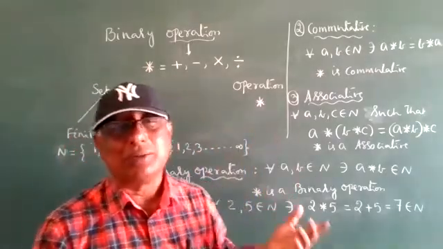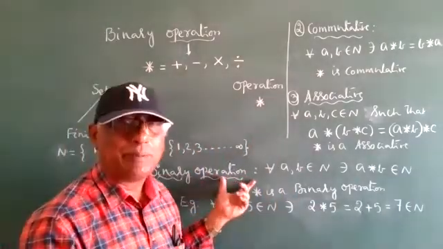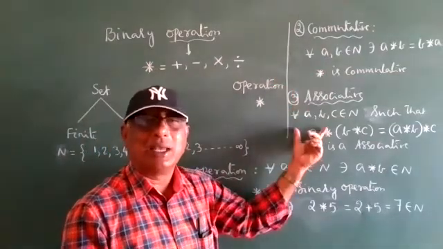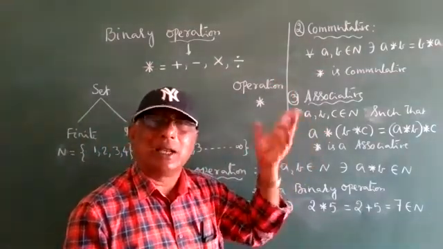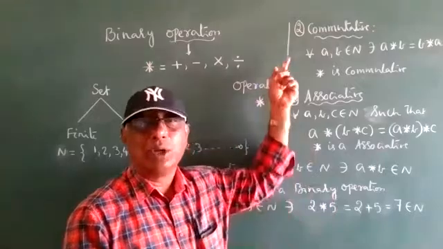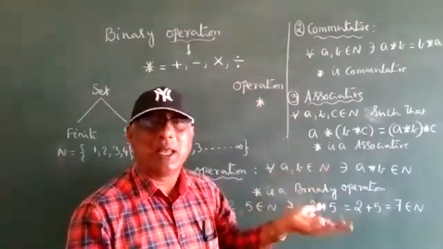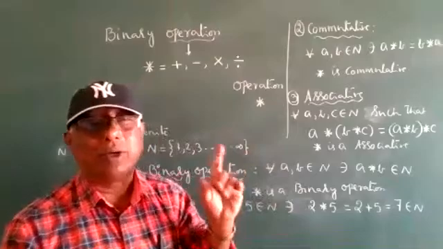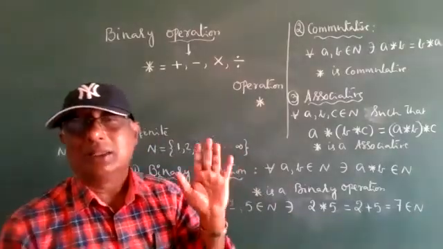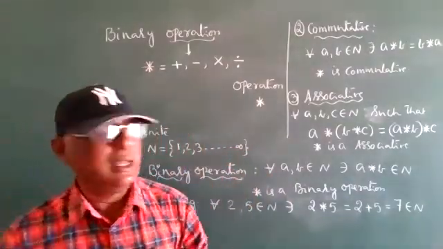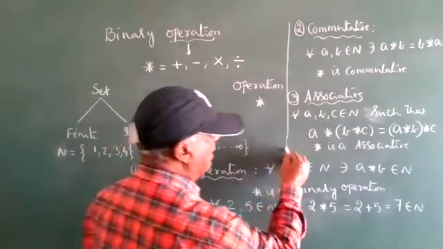The locking system can use the binary operation, or reverse order is also applicable. Three numbers in any order we can apply, and we can open the locking system. This is called a binary operation. Okay? So these are the binary operations.